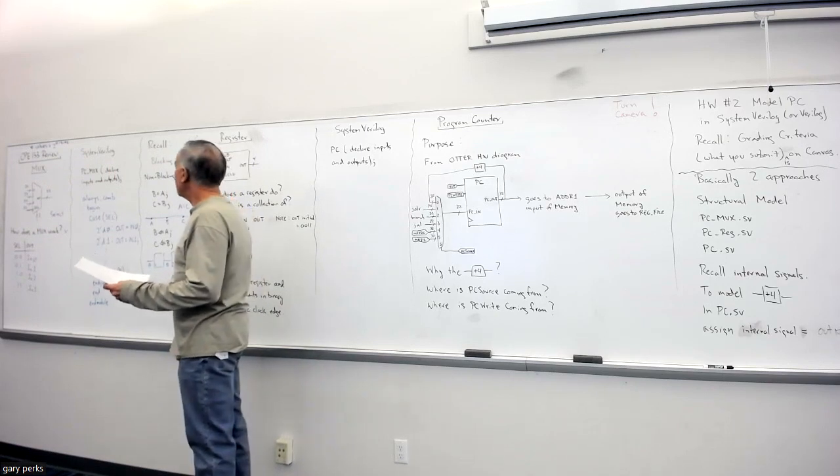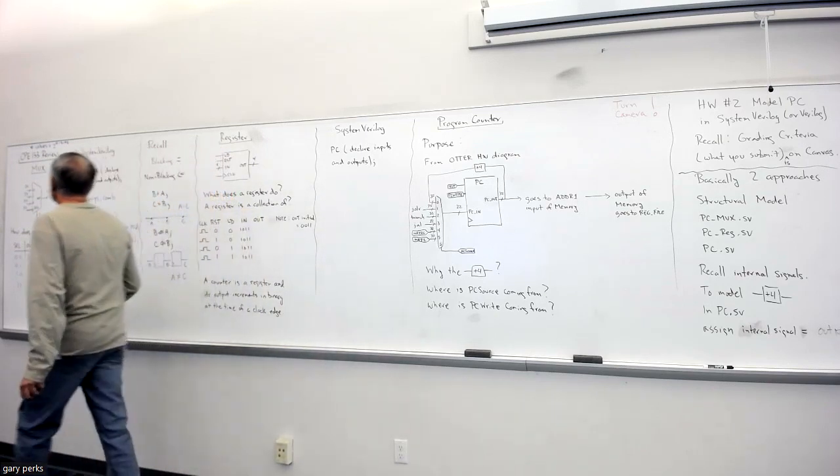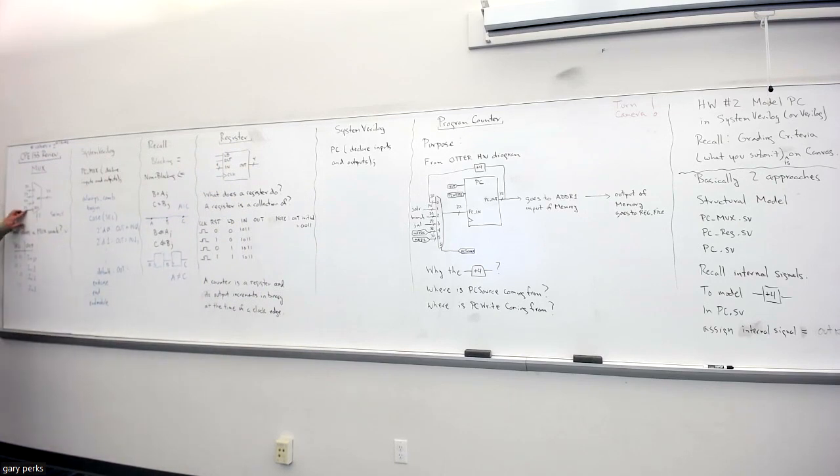Okay. Now, one other thing. Okay, if we had this, instead of 4 inputs, I have 3 inputs. I would still need 2 bits, right? Because I need 2 bits for 1, 0, 2 in binary.